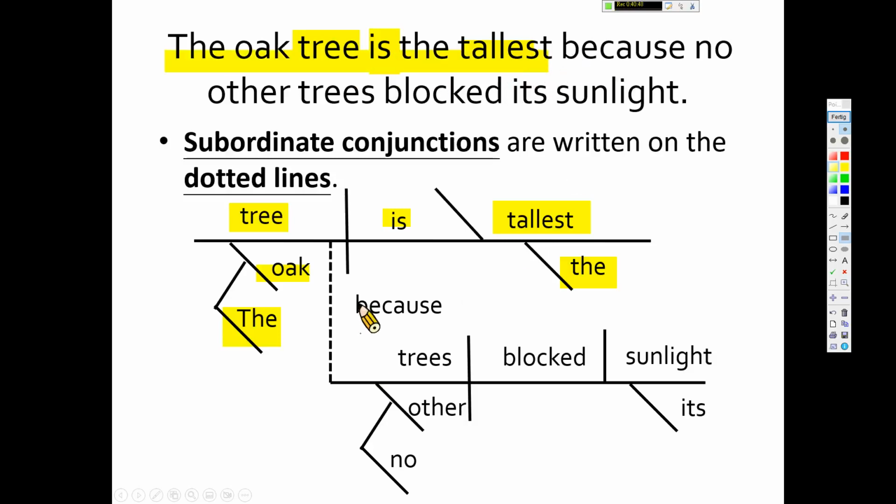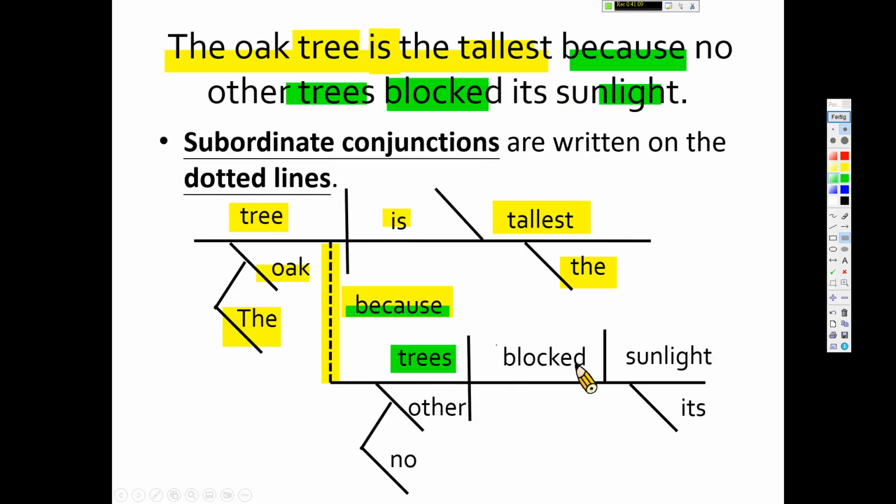And because is a subordinate conjunction, so we use the dotted line and put the because here. And another clause here. Tree, because, here because. No other trees blocked sunlight. And other here, no here. Is that right? So this one is a modifier for trees, and blocked is sunlight.